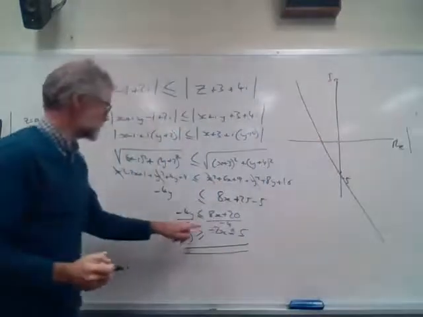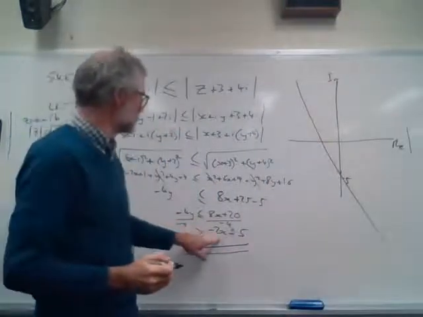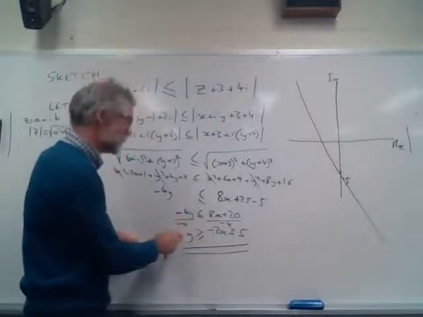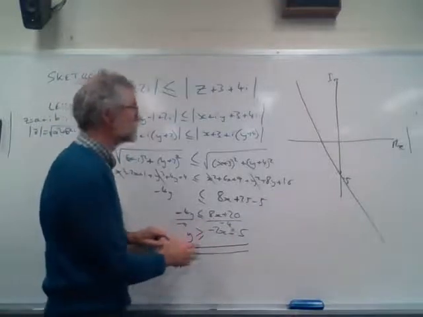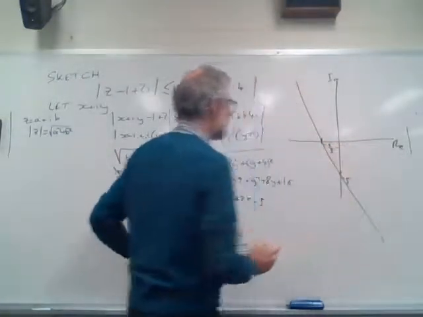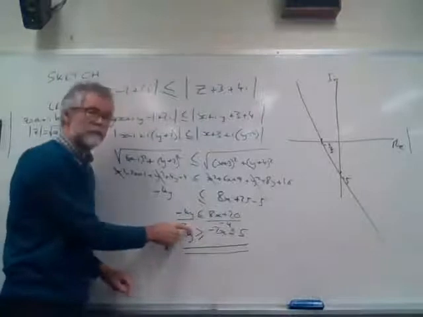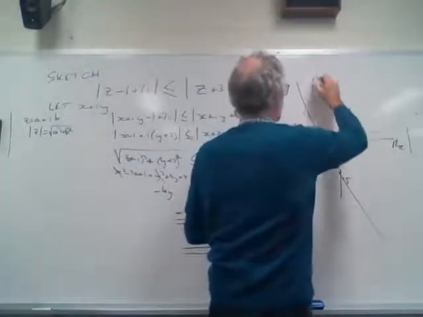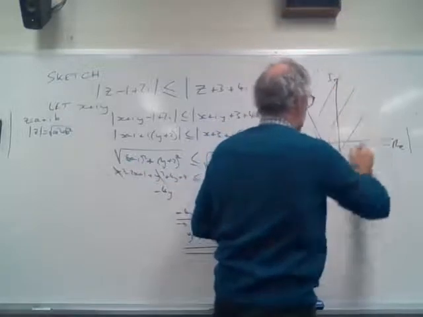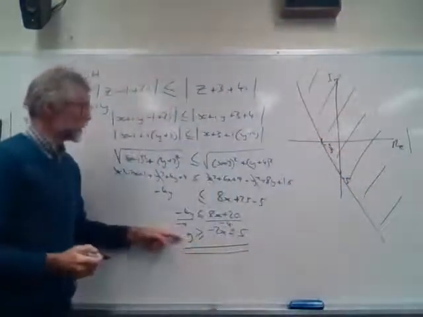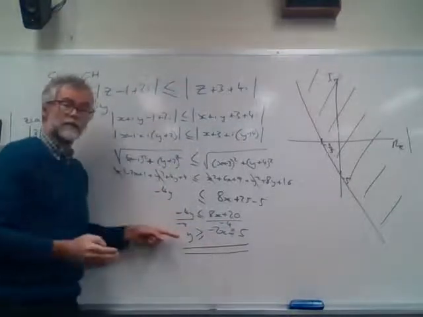And if x was equal to 0, y would be, we don't know, we need the other one. If y is 0, we're going to get negative 2/5. And because y is bigger than or equal to that, it will be up here. That would be the picture that goes with that, which is where this modulus is less than this one.